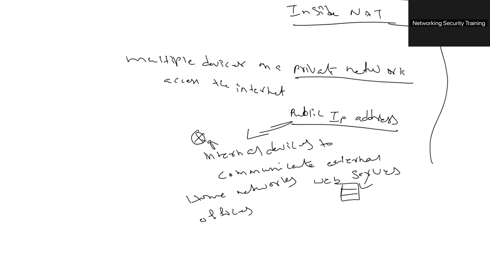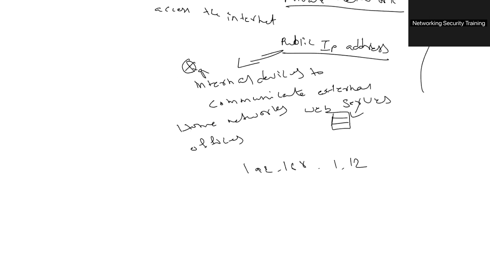For example, a computer on a private network with the IP address 192.168.1.12 wants to access a website whose public IP address is 203.0.14.51. The request is sent out and the source IP address is changed to the public IP address.